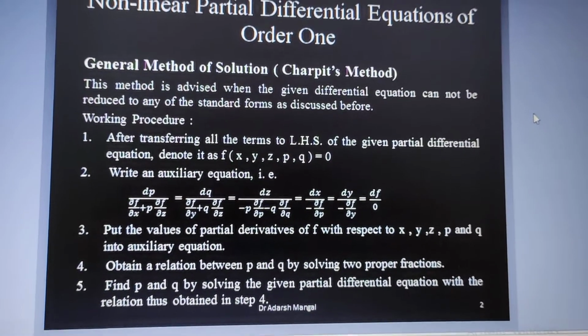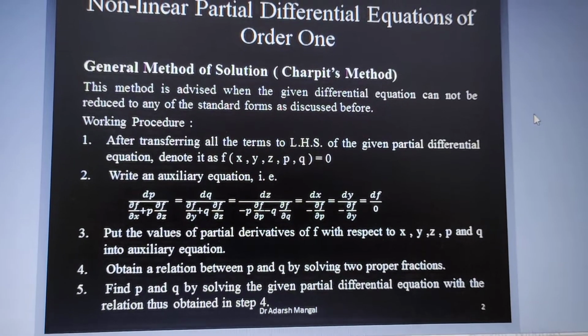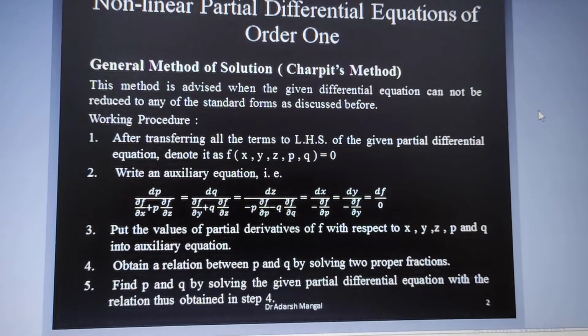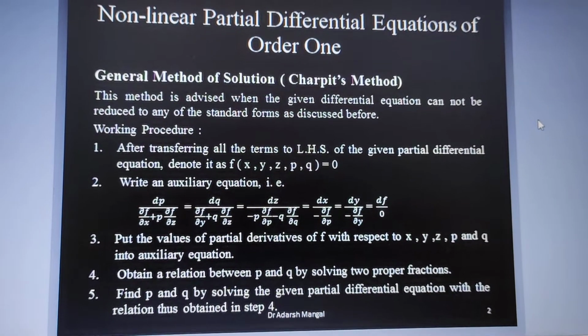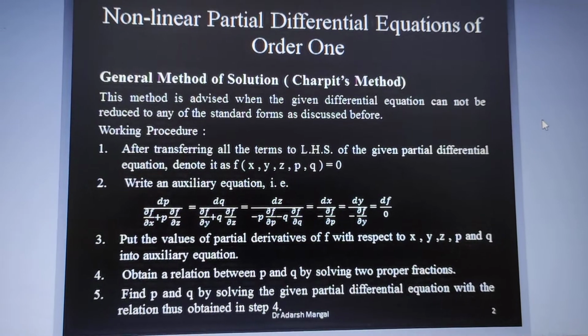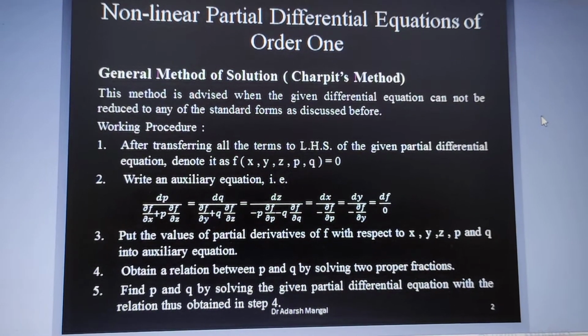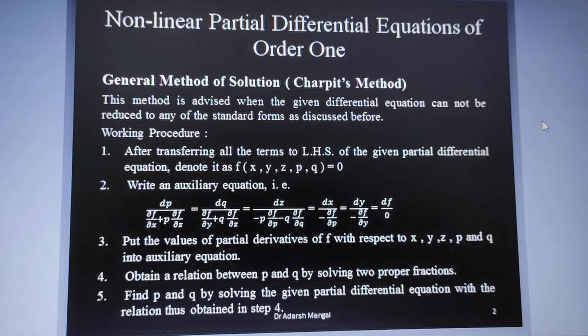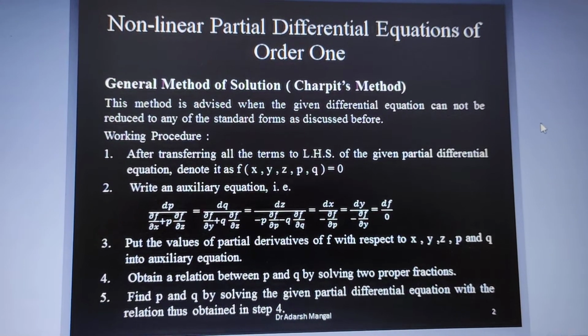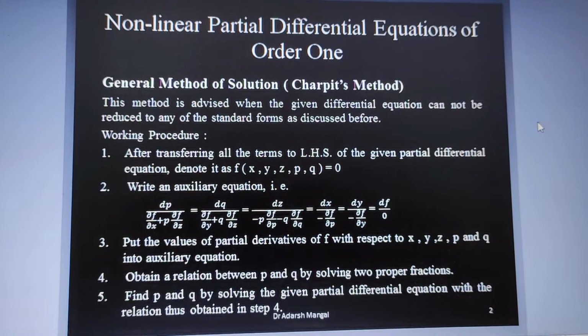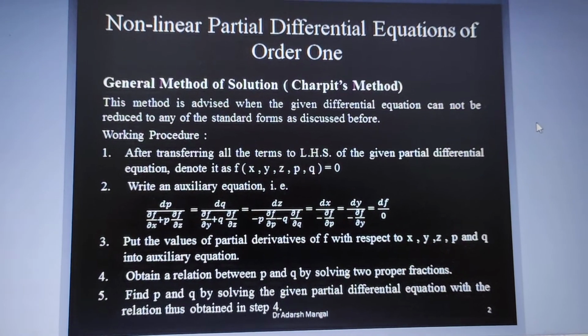Please note it down, it is an important backbone of the method. The auxiliary equation must be right in all contexts because it involves partial derivatives with respect to x, y, z, p, q.